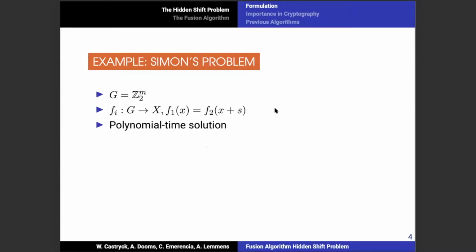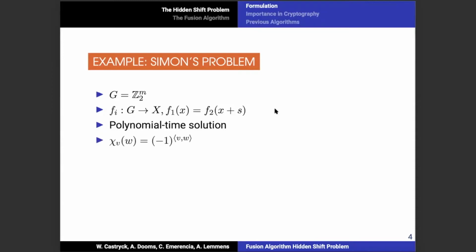And for this specific problem, there is, in fact, a polynomial time solution to solve it. And this method relies on the so-called standard method, which will also be explained later on in this presentation, to generate quantum states depending on a character of the group.